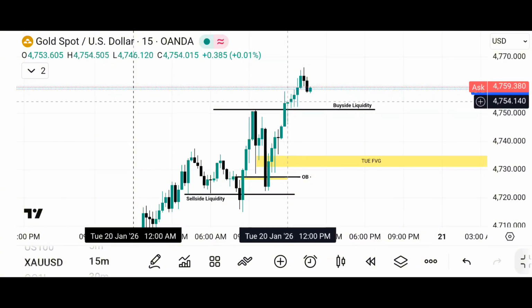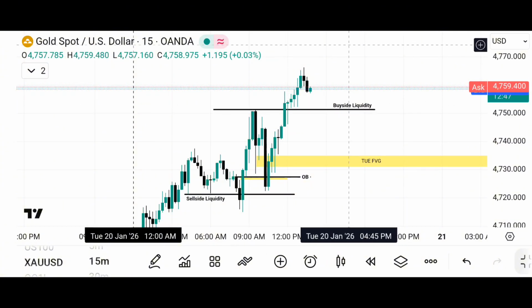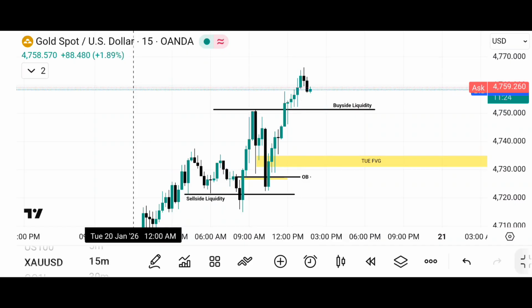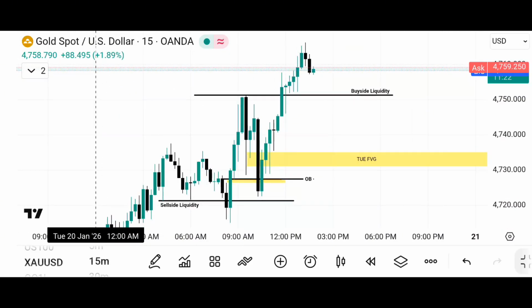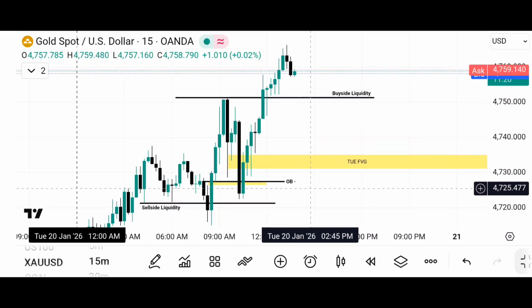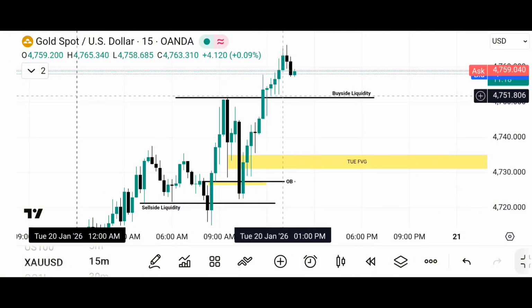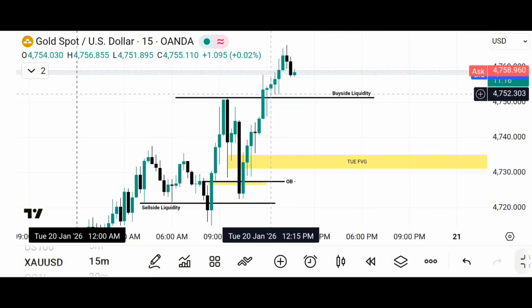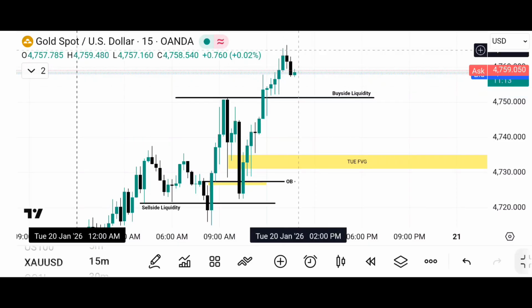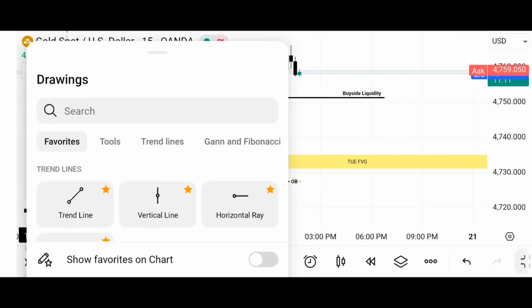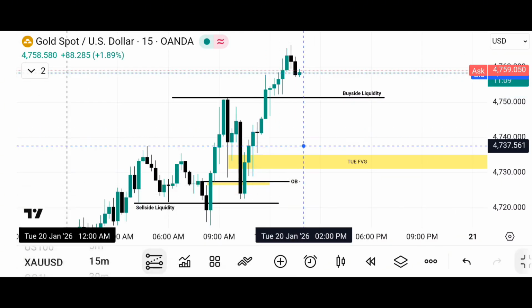Simultaneously, you are selling to those buyers who are willing to buy at this breakout. So you are buying at a discount, and selling to willing buyers at this breakout right here.